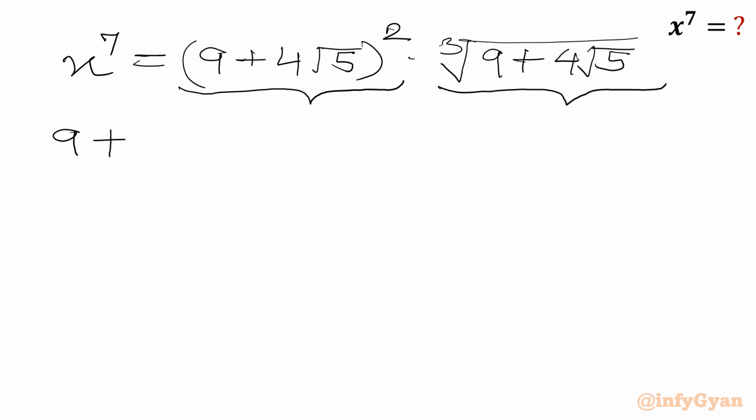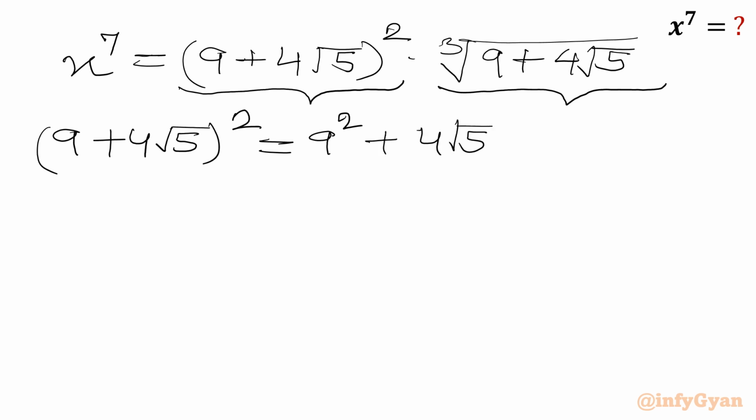So if I write (9 plus 4 root 5) whole square using the formula, this will become 9 square plus (4 root 5) whole square plus 2 times 9 times 4 root 5.